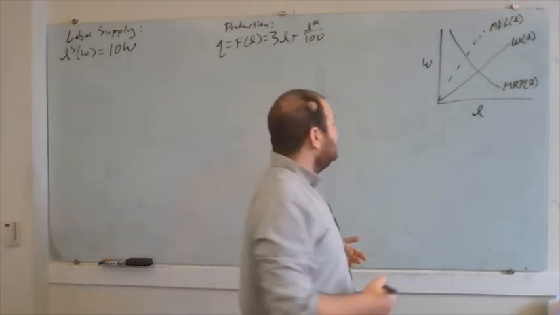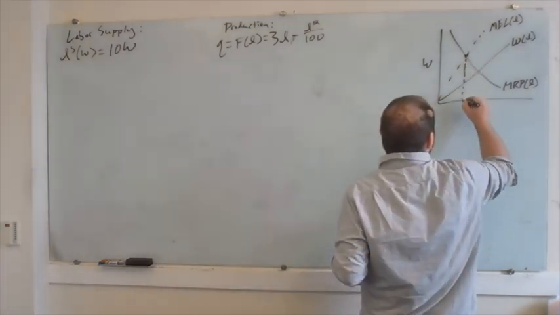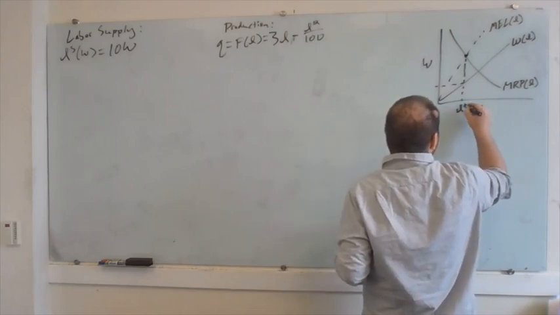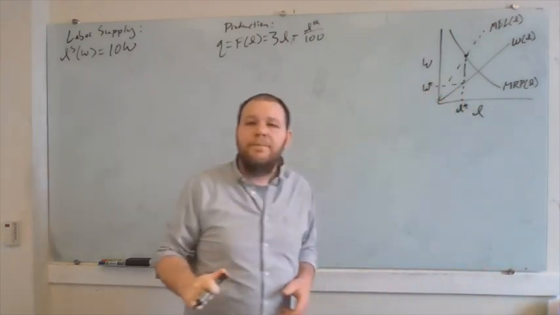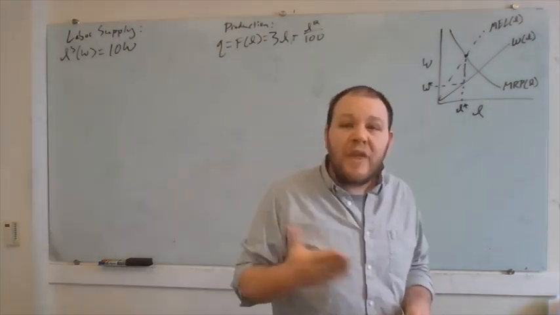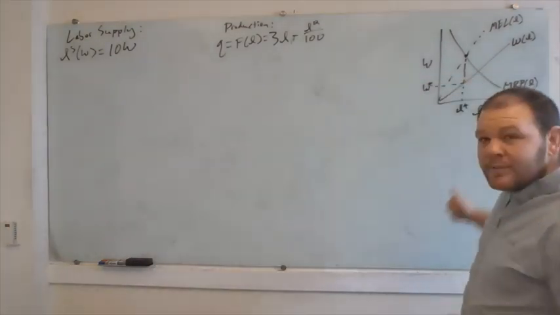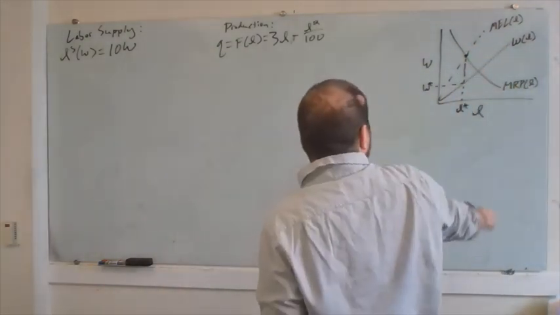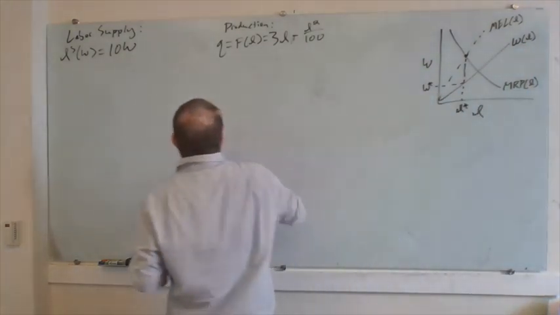And we hired up until our marginal expense of labor equaled our MRP, right? So we said this was L star and this was W star. Hopefully it looks familiar. So this means we just need two things in order to figure out our answer. One is we need our marginal revenue product. The other is we need our marginal expense of labor. And we're going to need our inverse labor supply, W of L. So let's start with the MRP.